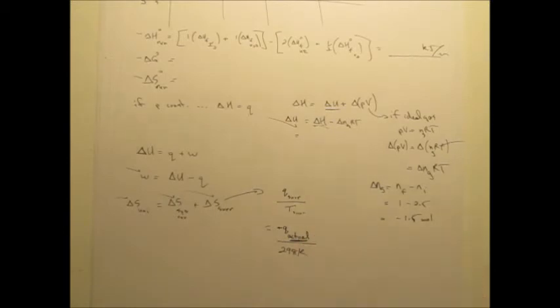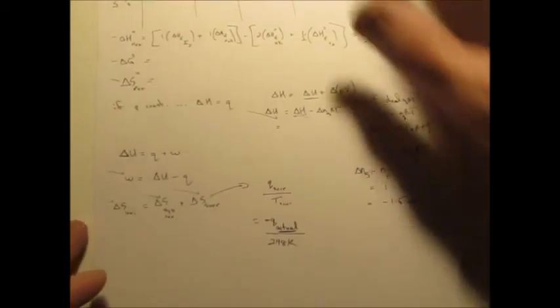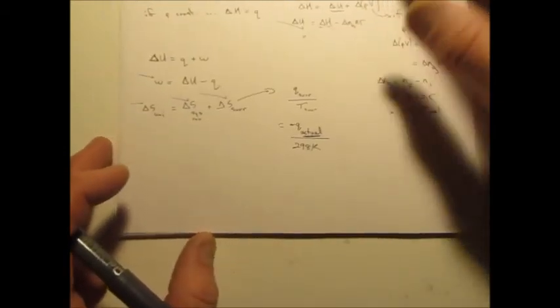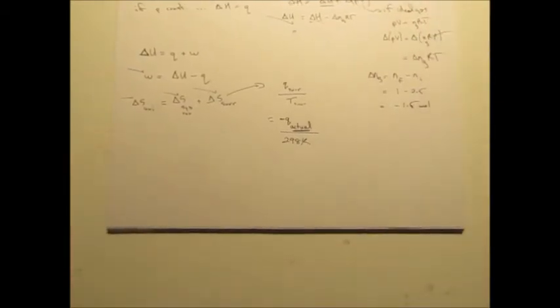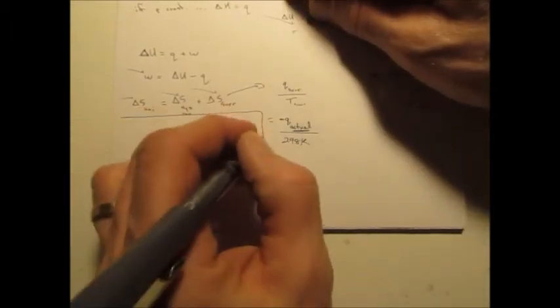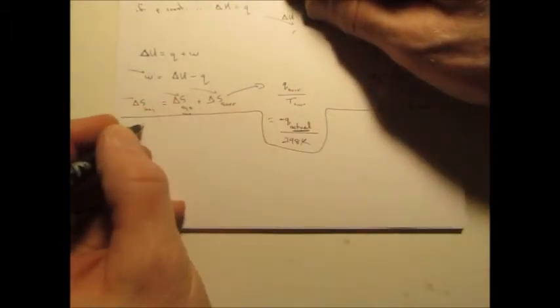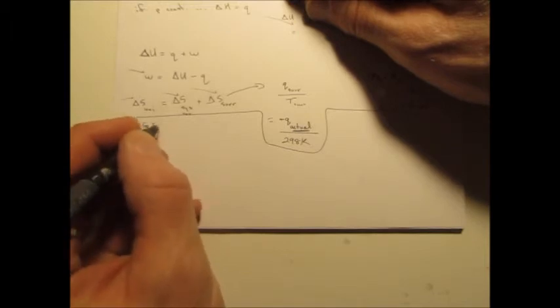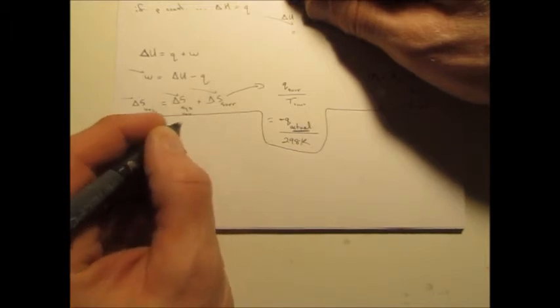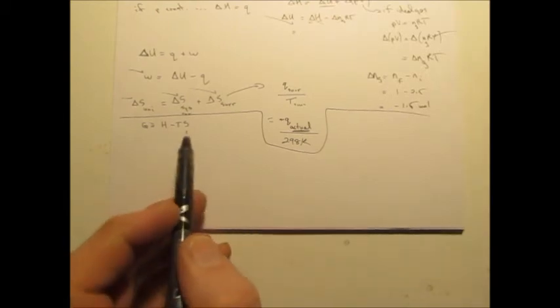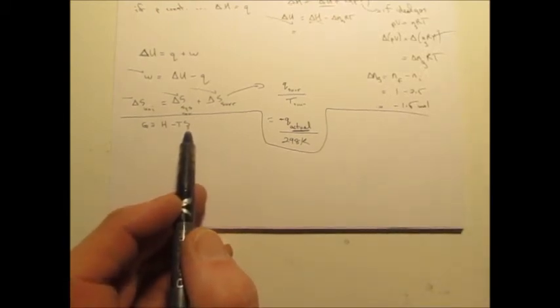So now what we're left with is, let's see if I can fit this on one page here. We know that by definition, Gibbs free energy is that. Enthalpy minus the temperature times the entropy of the system or the reaction.